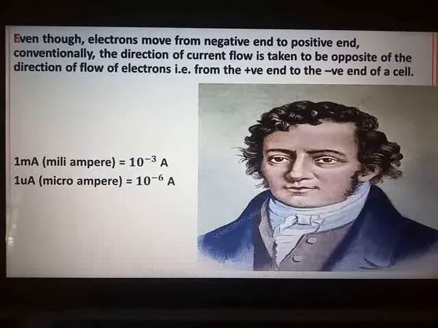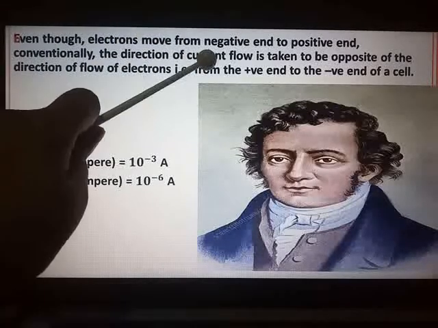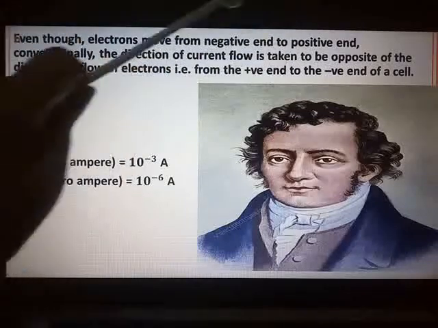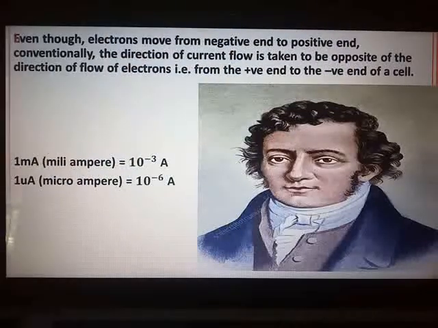Now what will come in your mind? If electrons are moving from negative to positive end, then current flow will also be in the same direction? No. For conventional purpose, the direction of current flow is taken from the positive to the negative end, even if electrons flow in the opposite direction.